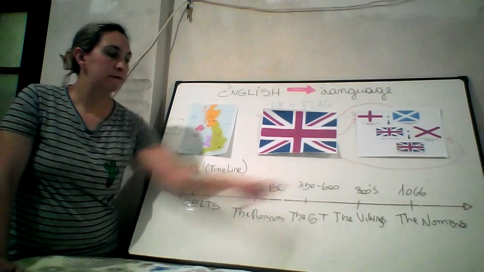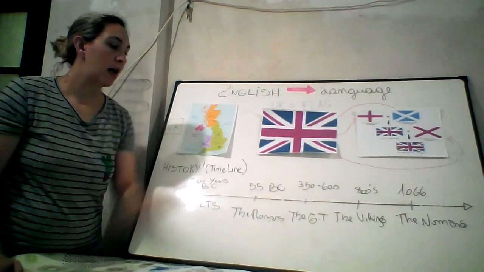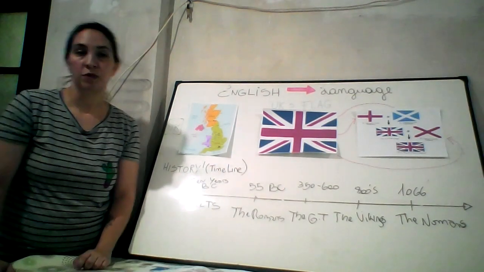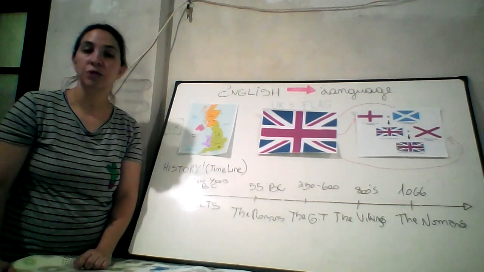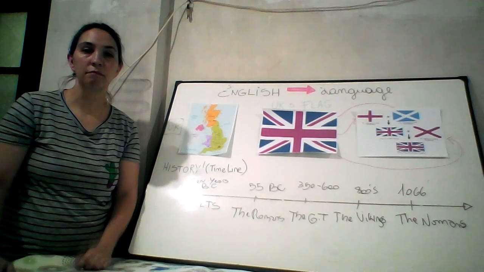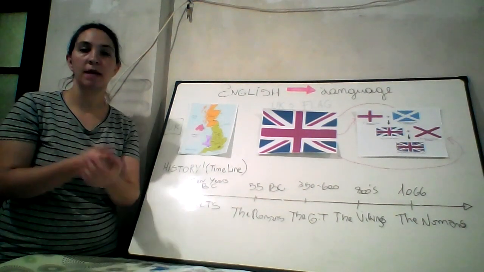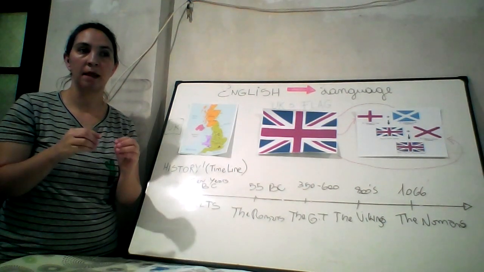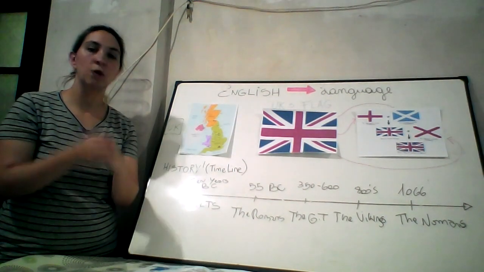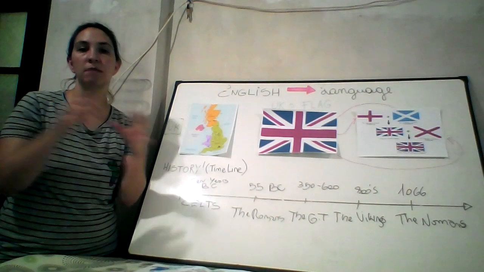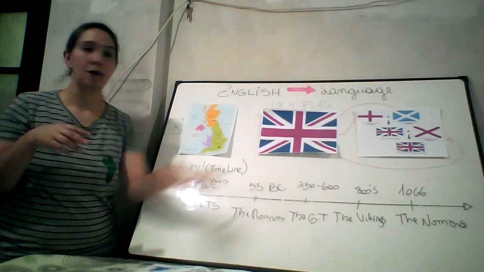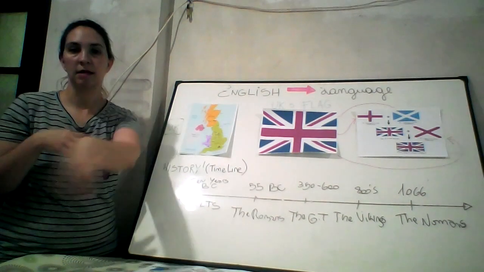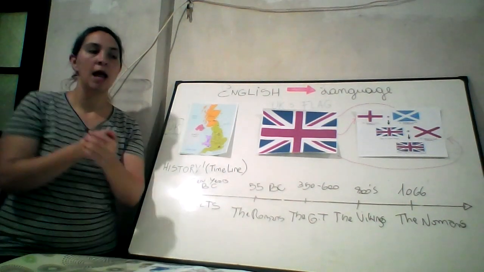Between 350 and 600, the Germanic tribes, which were Anglo-Saxons and Jutes, also invaded Britain, and there was the Old English. The Old English was a mixture of the Anglo-Saxons' and Jutes' languages.